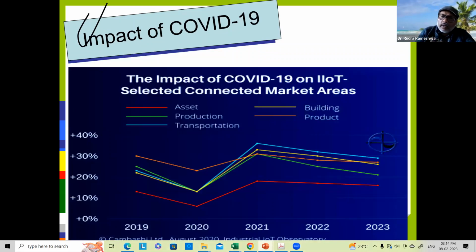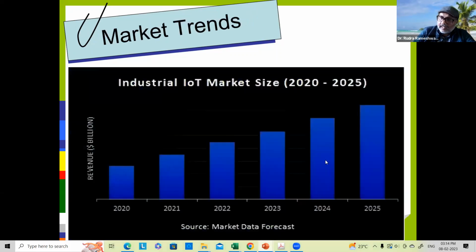After the impact of COVID, it was also there. I think we are now in 2023, so this is the projection also. So we are not very high, but not very low also. If you see the economic trends, then you will find how much COVID-19 impacted. If you see this chart, market trends, it is increasing.